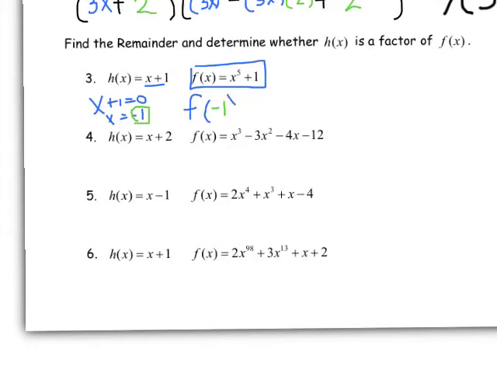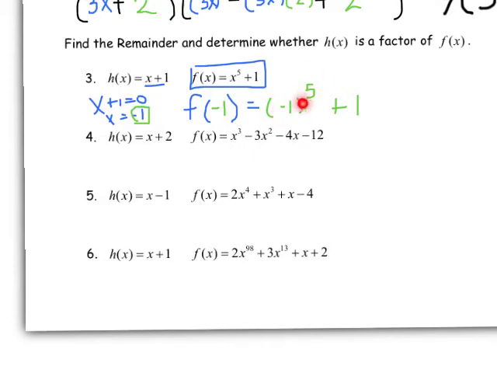All right, so I'm going to do x raised to the 5th, so -1 to the 5th plus 1. Well, -1 raised to the 5th power. When you do 1 to the 5th, it's just going to stay 1. So really the only question mark is what happens with the negative.